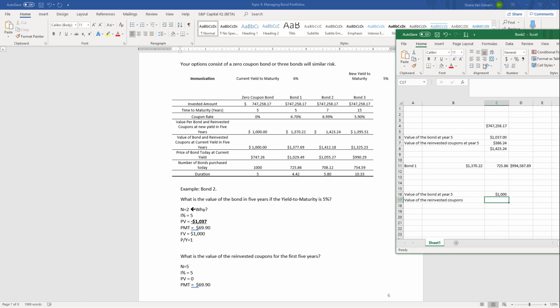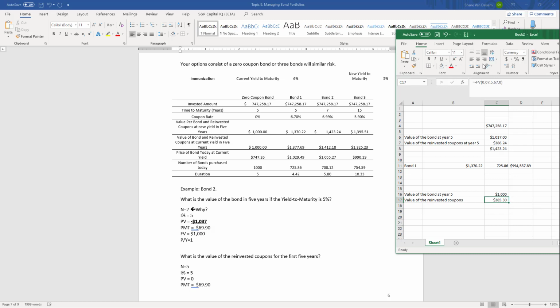Now the value of the reinvested coupons is what's going to matter here. Again, this is equal to, I'm going to put in negative future value. My rate is 7%, because that's the yield to maturity it changed to. The number of periods is 5. The payment is $67. The present value is 0.